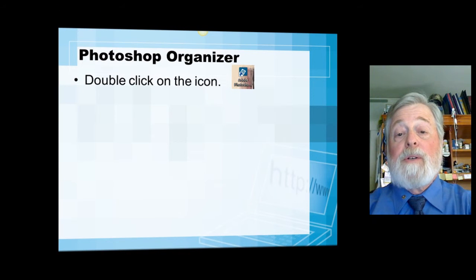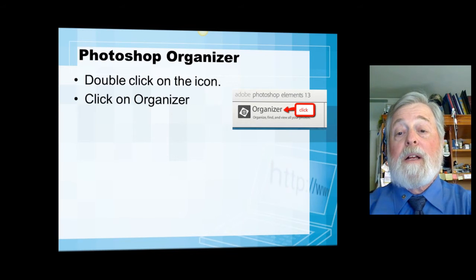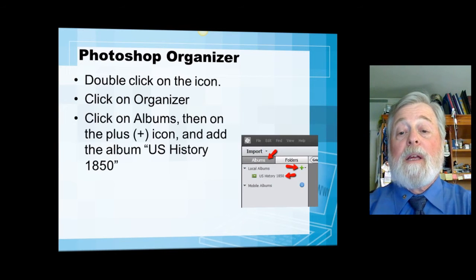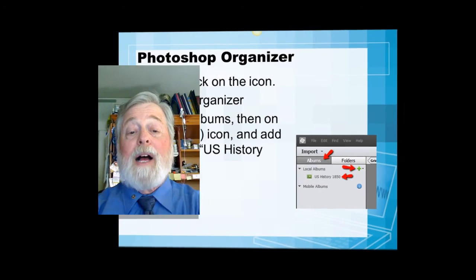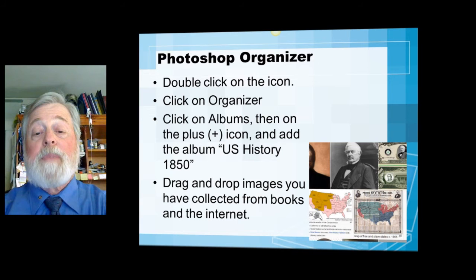Now click the Adobe Photoshop icon on your desktop. In the window that comes up, click on Organizer. Then within Organizer, click on Albums, and then the green plus sign, and then enter US History 1850, which will create a new album that you're going to be using.